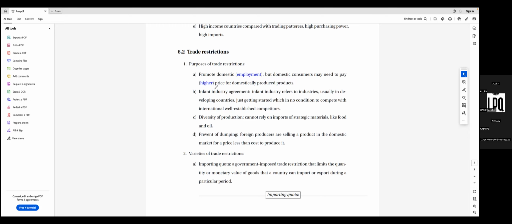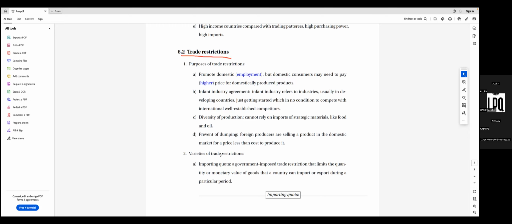Okay, so some politicians, for example, Trump, the American government under Trump's administration, they wanted to reduce the amount of goods and services they imported from China by adding something called trade restrictions.